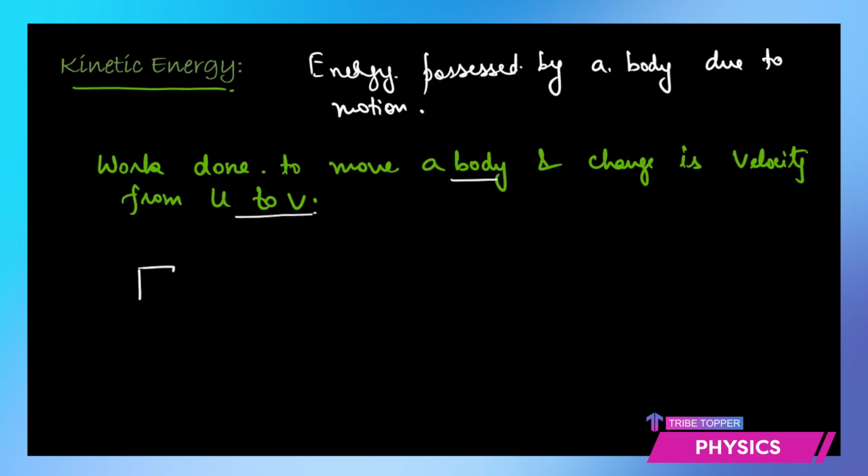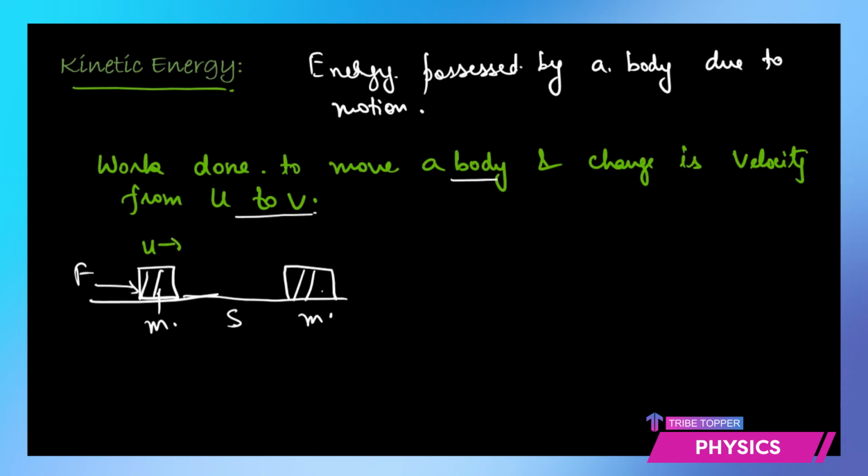Suppose we have an object here of mass m and you apply a force F. After moving through some distance s, the block reaches here. Initially it had a velocity u, and when you applied a force, it changed to velocity v and it traveled a distance s. So what is the work done?